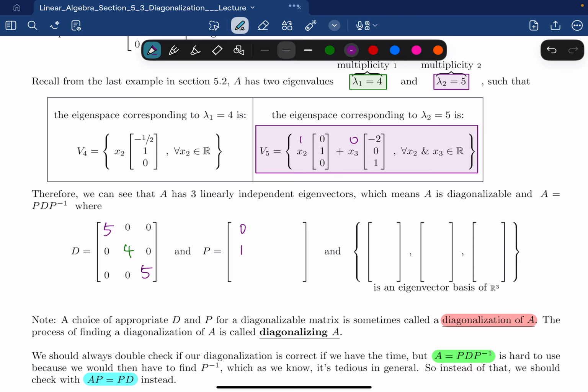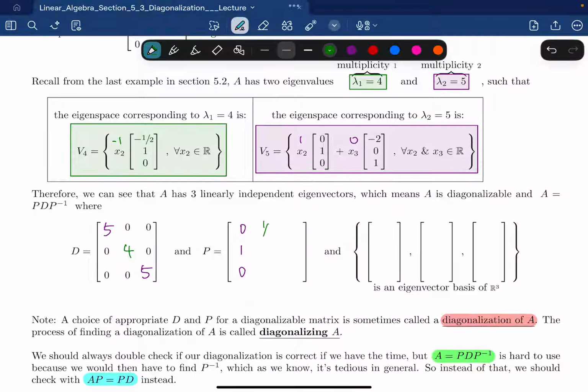And then for the eigenspace corresponding to 4, it is this one right here, and I can pick x2 equals, I don't know, negative 1, for example. Again, I'm just picking these so I can come up with different examples here. So these are entirely your choice.